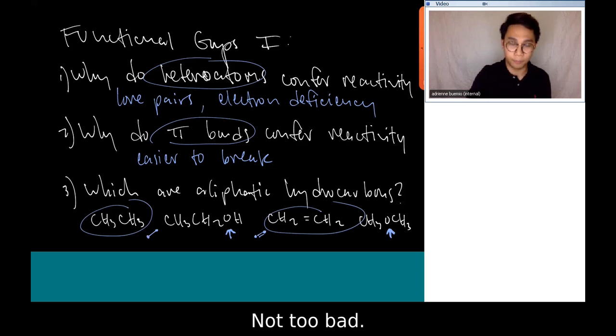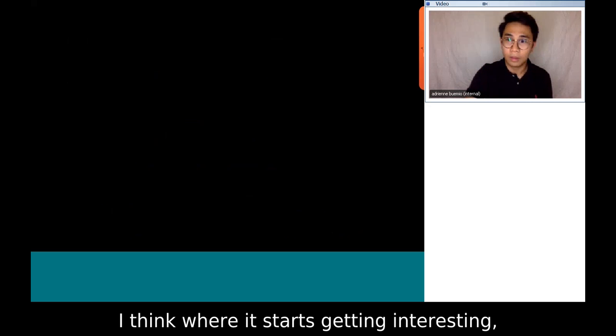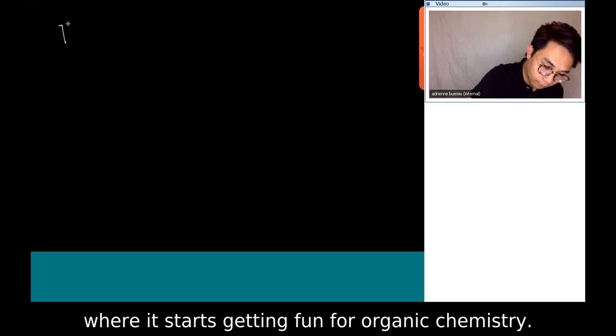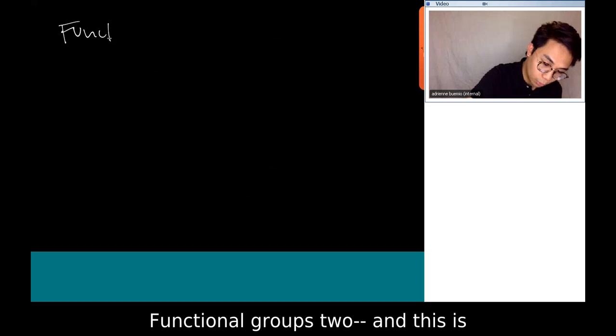Not too bad. Let's move on to, I think, where it starts getting interesting, where it starts getting fun for organic chemistry. Functional groups 2. And this is just how I did my breakdown of these functional groups.